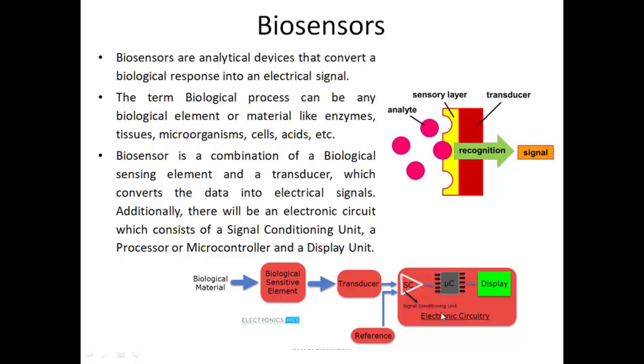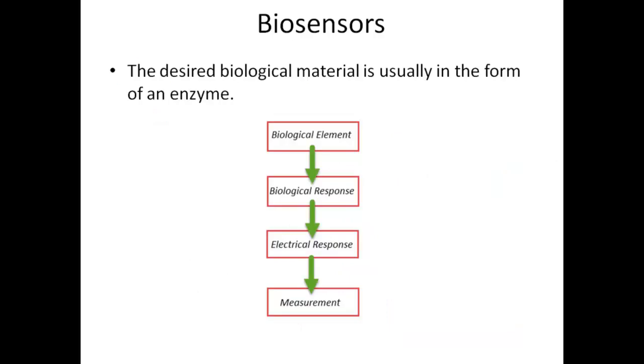That electrical signal goes into the electronic circuitry where it is suitably conditioned. Conditioning means you might want to amplify it, you might want to perform certain actions on it, and then you have a display device where you display it in such a form that it is readable or understandable by a simple layman. So this whole structure together forms a biosensor.